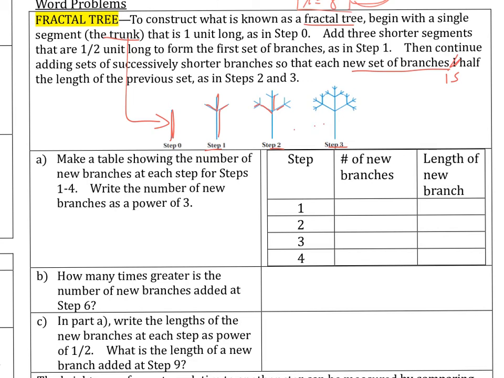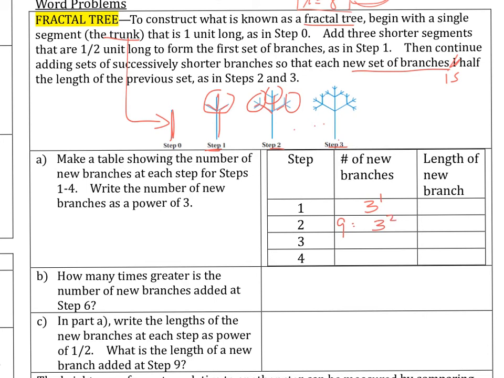So part A, make a table showing the number of new branches at each step for steps 1 to 4. Write the number of new branches as a power of 3. So in step 1, we have 3 new branches. So I can write that as 3 to the first power. And for step 2, I have 9 new branches. So I can write that as 3 squared.